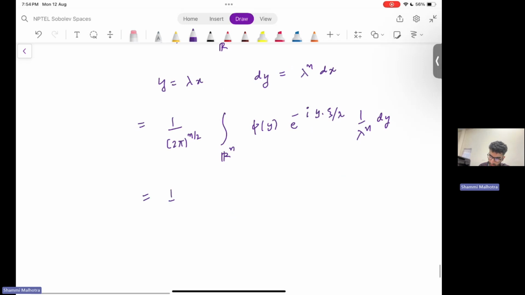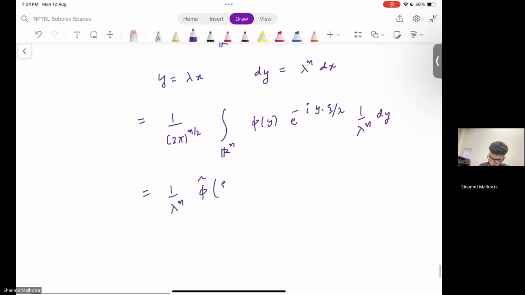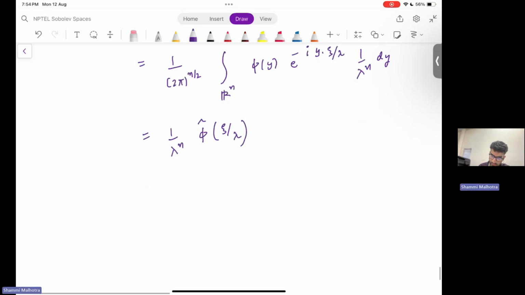So this is 1 upon lambda raised to the power n, the Fourier transform of phi at xi by lambda, which can be written as 1 upon lambda raised to the power n, the dilation by 1 by lambda of phi hat at xi.